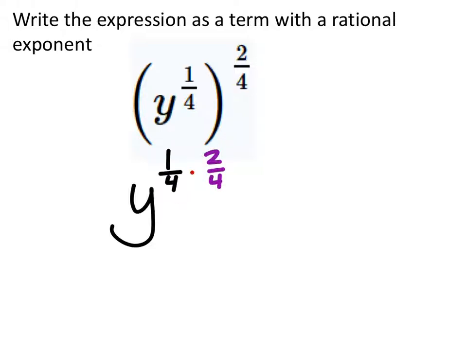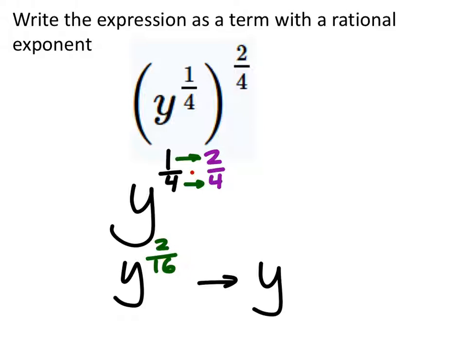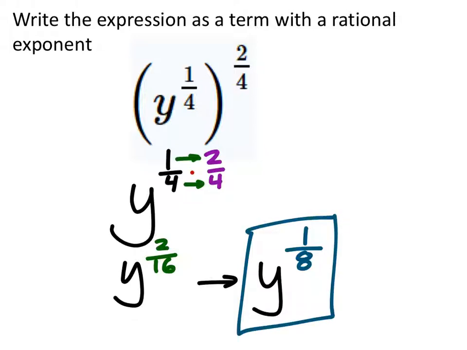Now again, it doesn't matter where you simplify, just as long as you end up doing it. But this would end up being y to the power of 1 times 2 is 2. 4 times 4 is 16. So I have y to the power of 2/16. I'll just simplify the fraction and make that y to the power of 1/8. Bam.